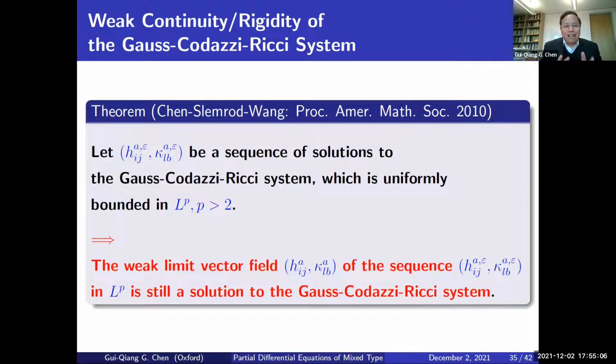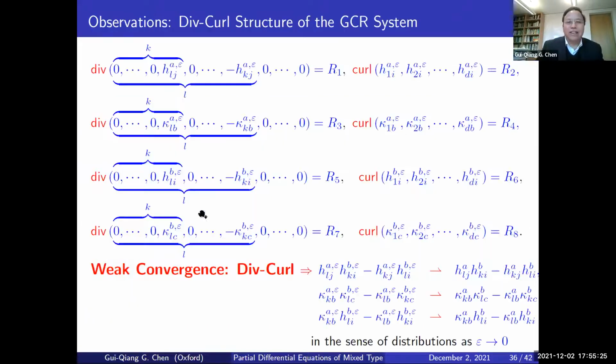We observed the core structure, and we can prove that we can take the limit of a sequence of solutions, the limit still being a solution of the Gauss-Codazzi equations, as long as they are bounded in L^p. The main idea is that we observe the div-curl structure of this system. You can write the Gauss-Codazzi and the Ricci equations in div-curl forms.